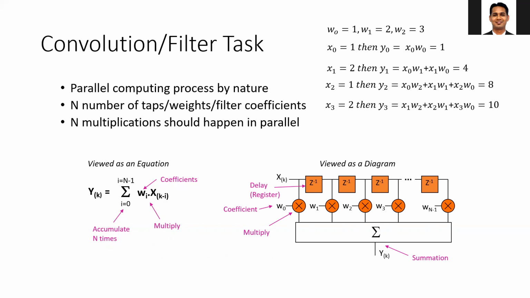So you can see that the convolution operation can exploit parallelism and can be efficiently implemented on hardware such as FPGA or ASIC, compared to sequential execution in the processor. Here you are doing N multiplications in parallel followed by N-1 additions.